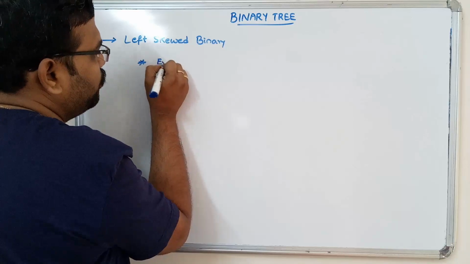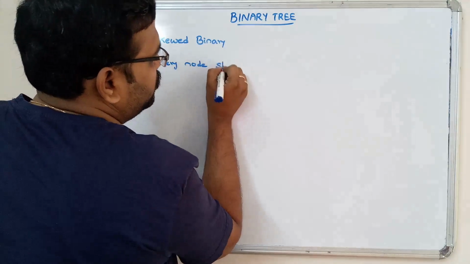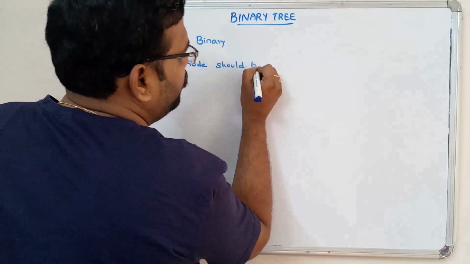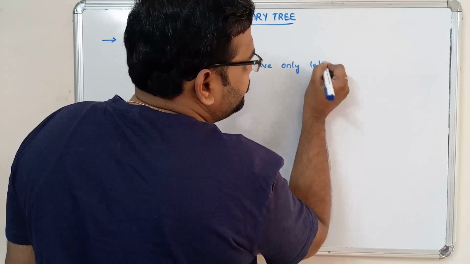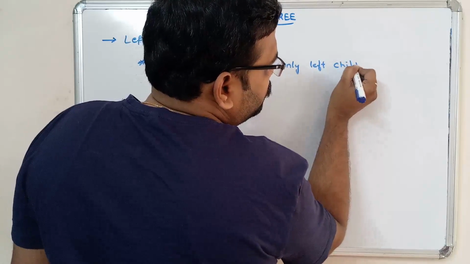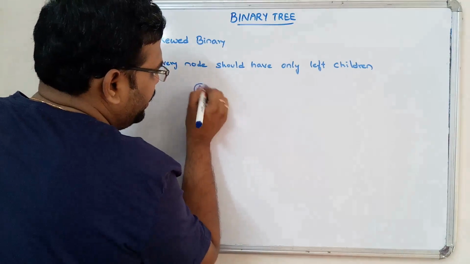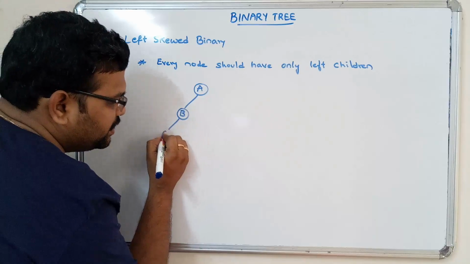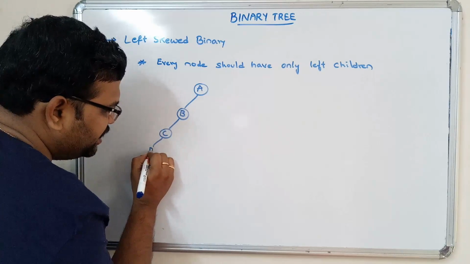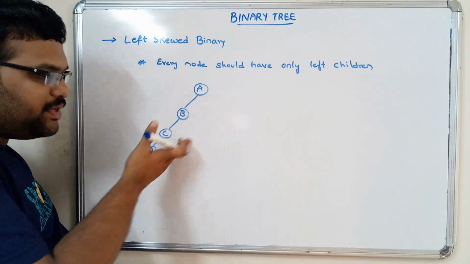So every node should have only left children. For example, A, the left child is B, the left child is C, the left child is D, and the left child is E. So this is called left skewed.